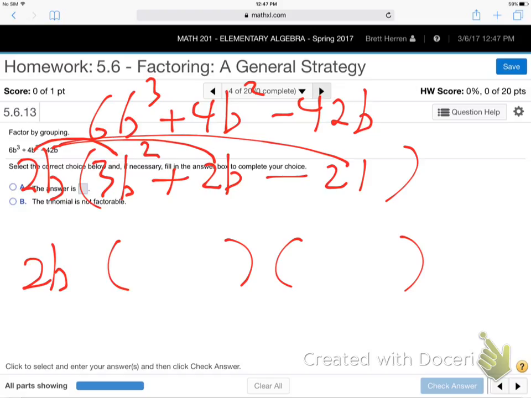Is that good so far? And then from there we do the FOIL thing, right?